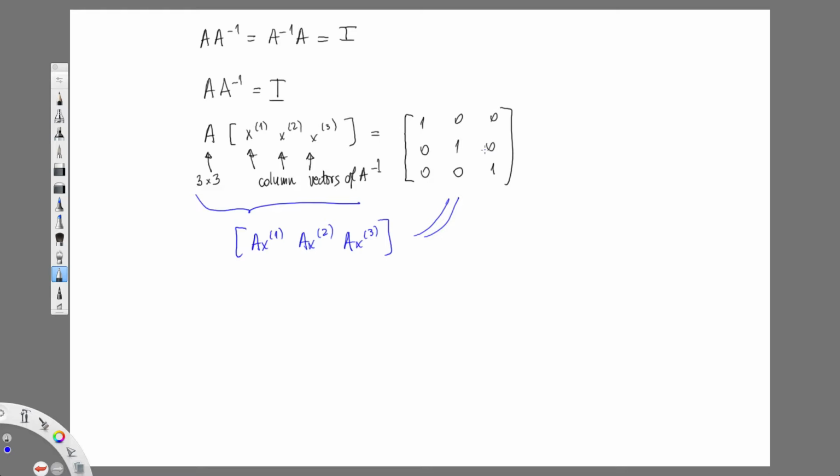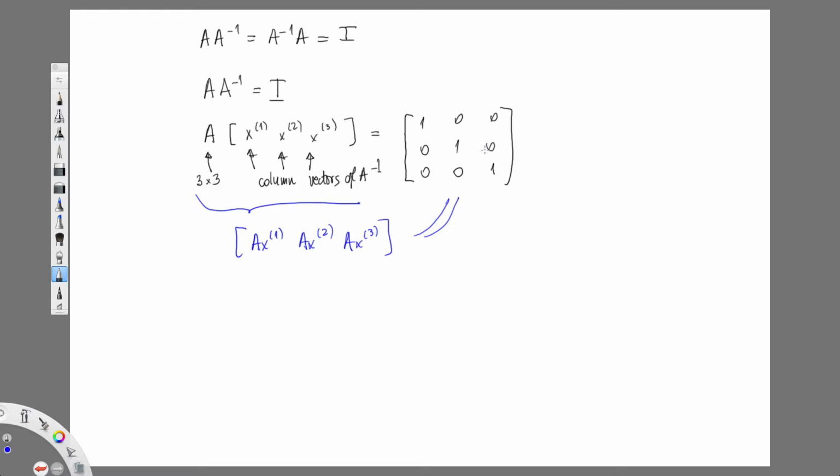So looking for the inverse of matrix A is equivalent to solving which 3 systems? A x1 equal to 1, 0, 0. That's my first system. The second system is A x2 equal to 0, 1, 0. And the third one is A x3 equal to 0, 0, 1. Does everybody see that? So basically I'm solving 3 systems with the same A, and the only thing that is changing is what I put on the right hand side.